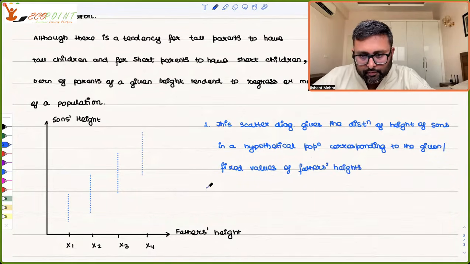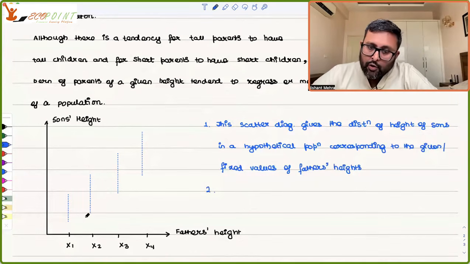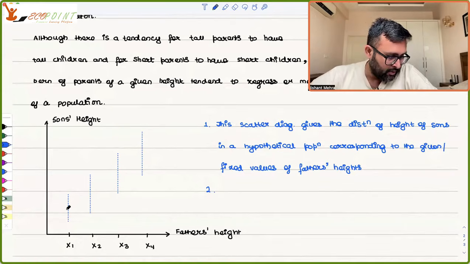For every given height of the father, there is a range of values for the height of sons. That is the second point.